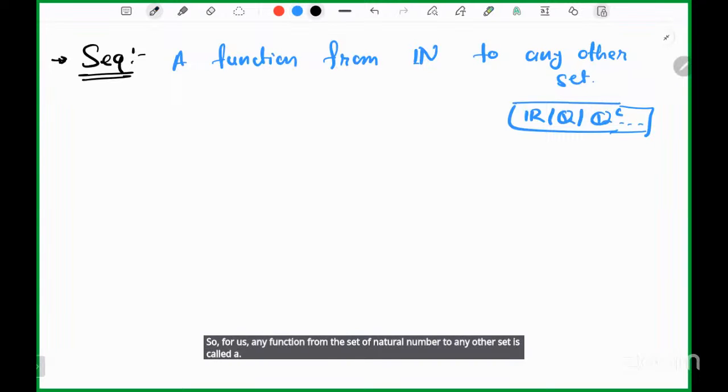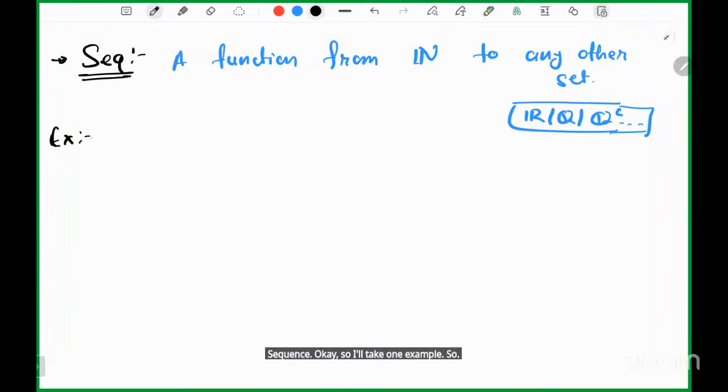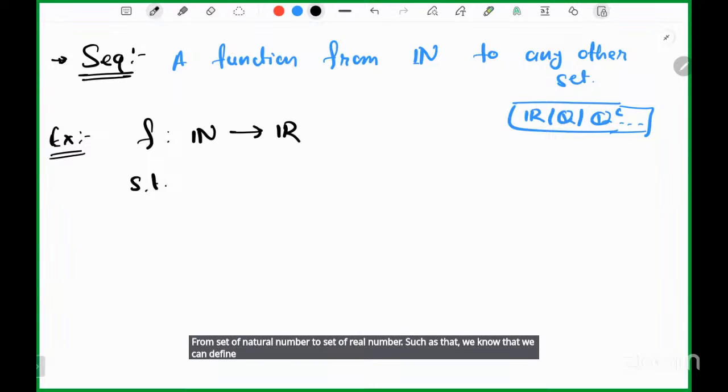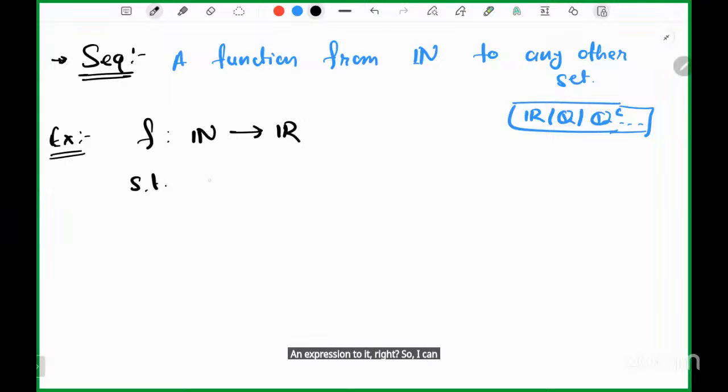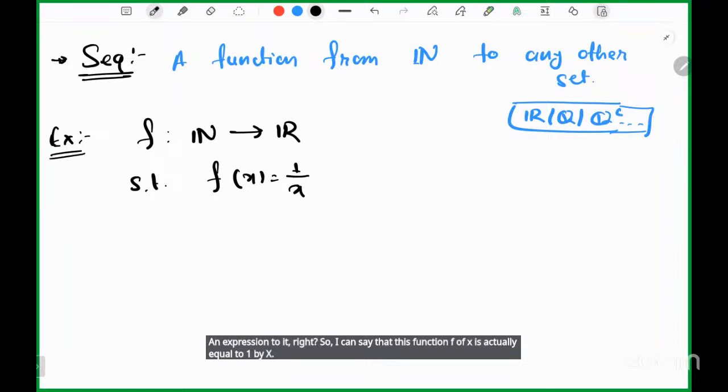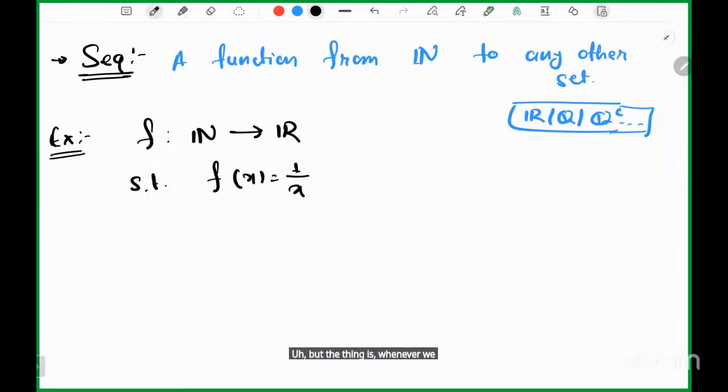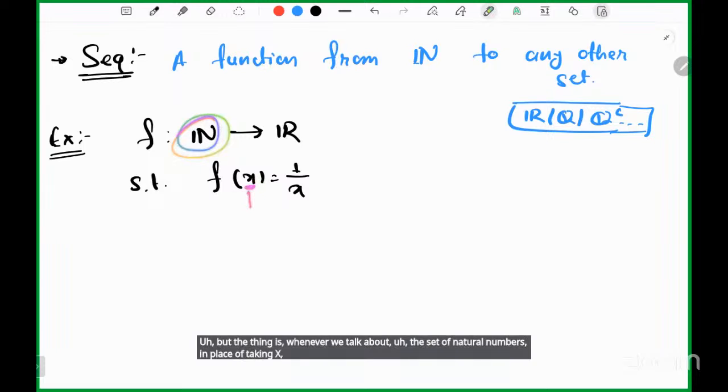Okay. So I'll take one example. Suppose we have a function f from the set of natural numbers to the set of real numbers. We know that we can define a function by giving an expression to it, right? So I can say that this function f(x) is equal to 1 by x. But whenever we talk about the set of natural numbers, in place of x we take n, small n.